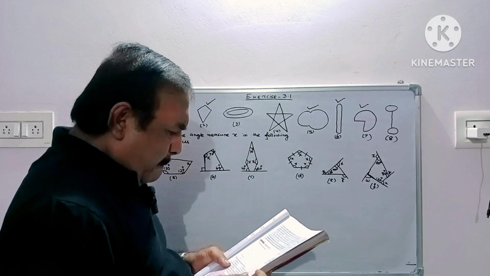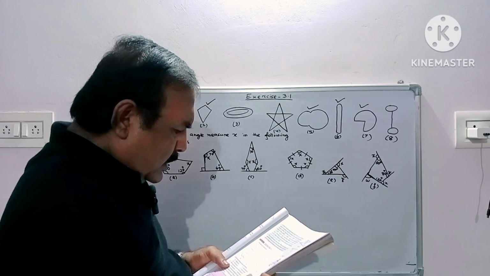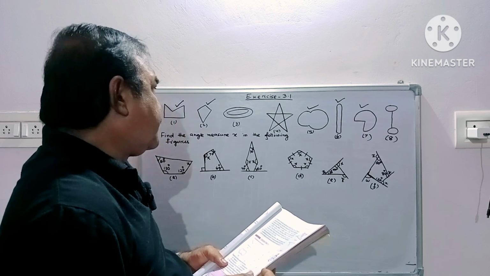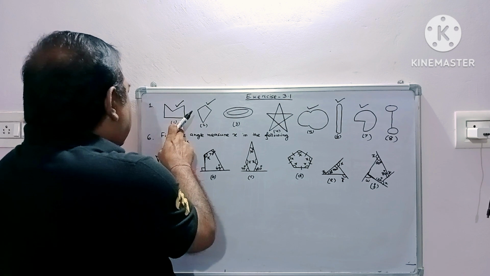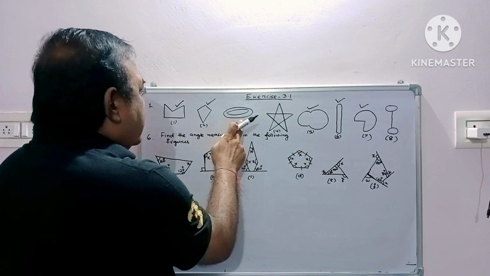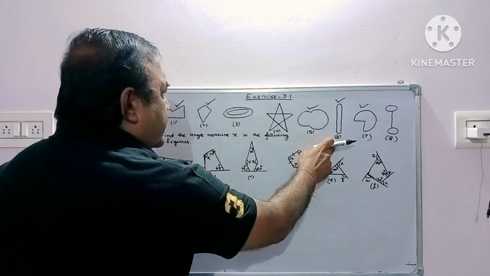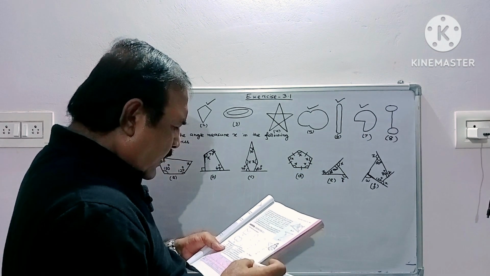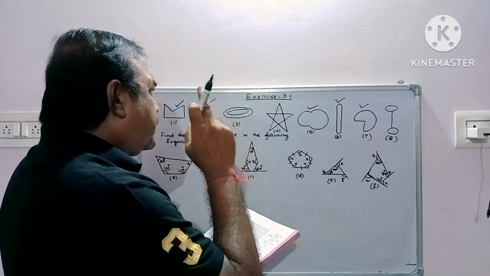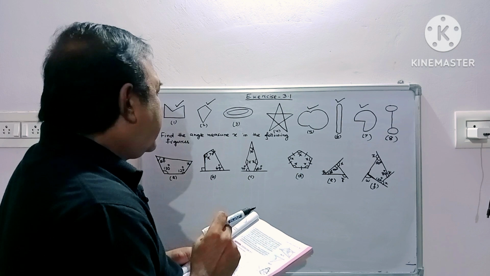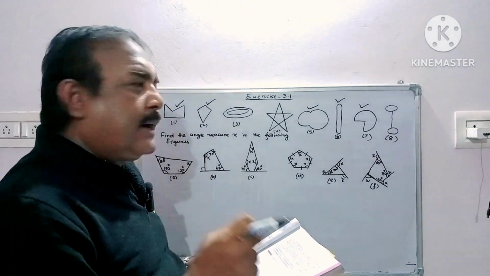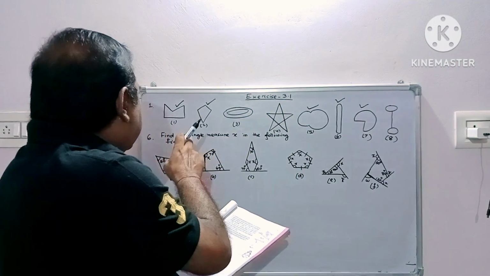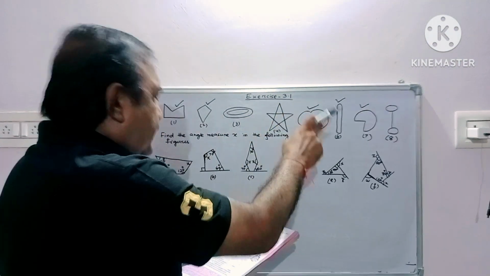And part B, which are simple closed curves. And you see, the figure 1, figure 2, figure 5, figure 6 and figure 7. They are simple and also they are closed because they begin and end at the same point. They are closed. You can see 1, 2, 5, 6 and 7.